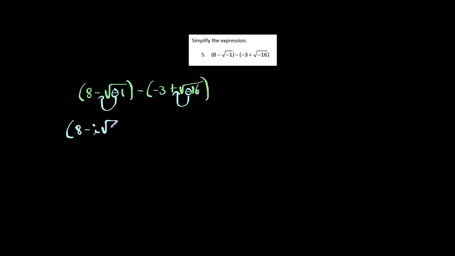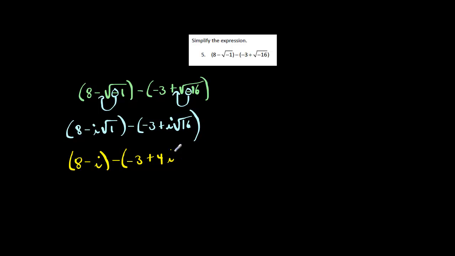So i root 1 minus negative 3 plus i root 16. The square root of 1 is 1. So 8 minus 1i minus negative 3 plus root 16 is 4. 4 times i is 4i.